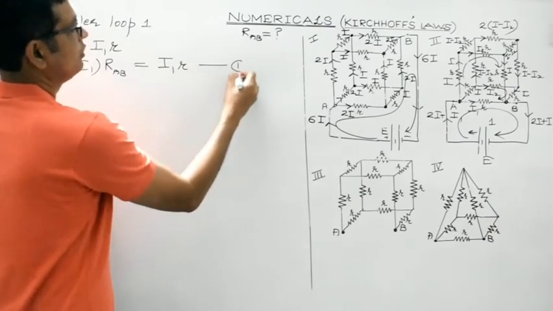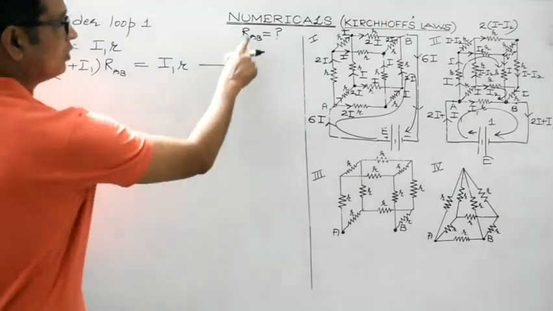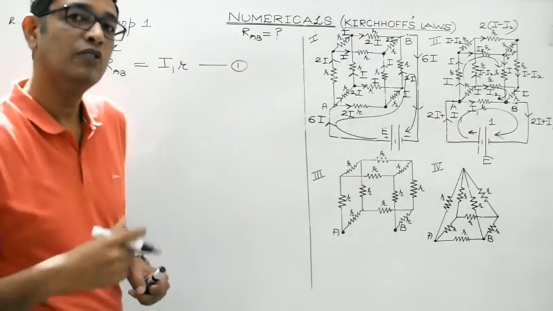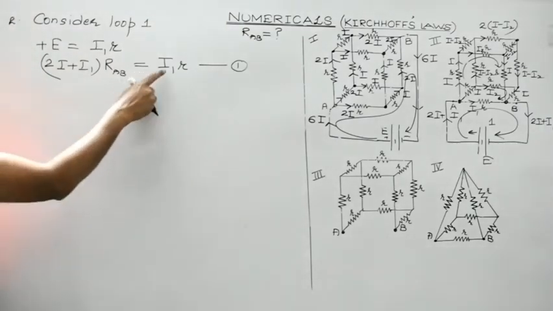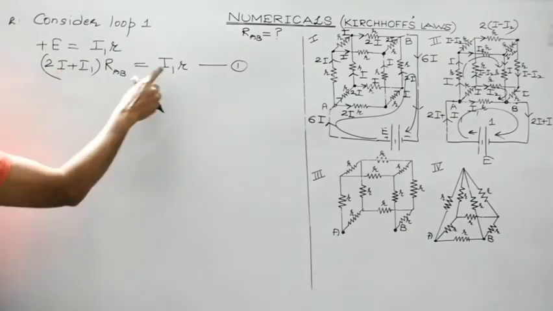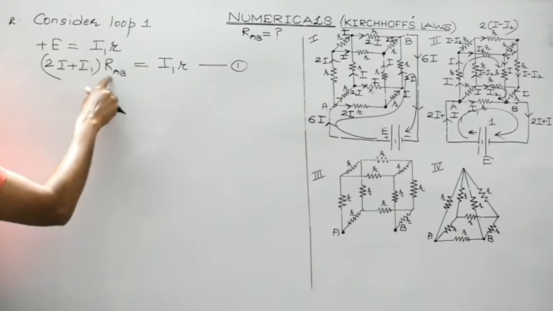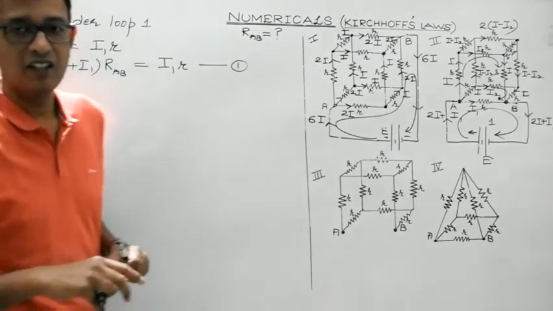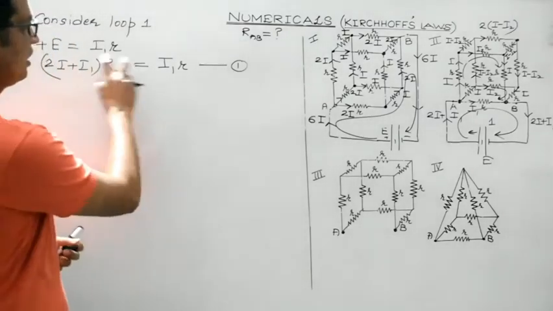Put this as equation number 1. Students, we need to find RAB in terms of small r. So we will convert I1 in terms of I and substitute the value of I1 over here. So I will get cancelled, and RAB may be obtained in terms of small r. That is the approach which we will follow, right? So this is equation number 1.